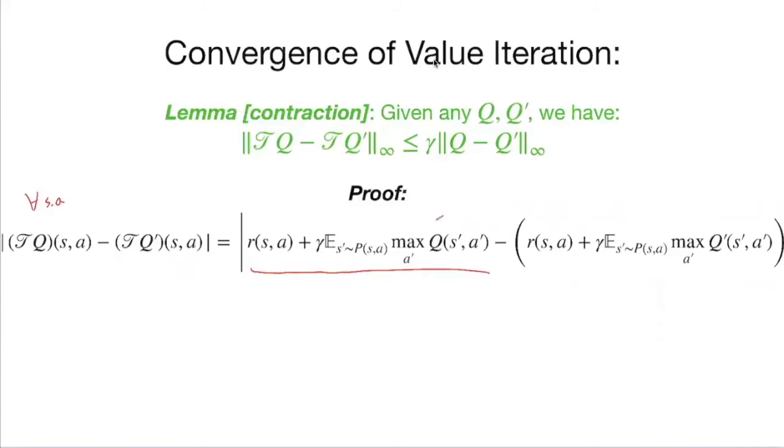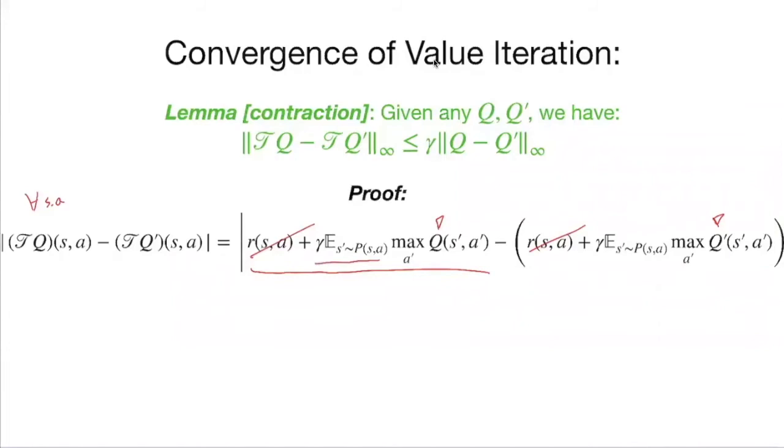Right, so we have Q here, Q prime here, and now you probably can see what we can do next. We can cancel this immediate reward R(s,a). Then we realize that the two expectations inside this absolute value are exactly the same, because they are the transition from s,a to s prime.